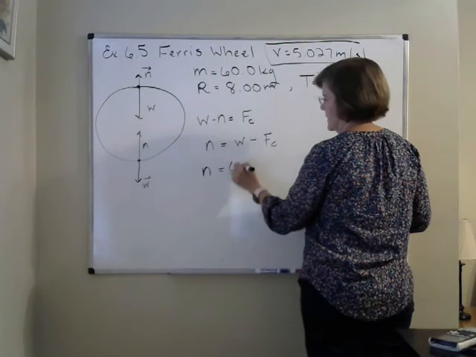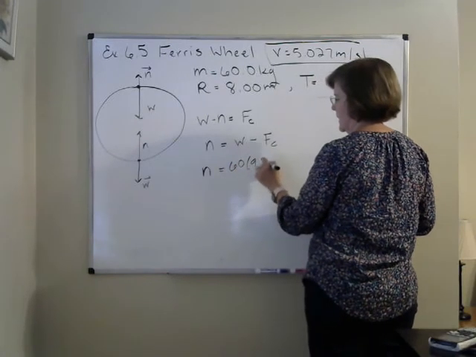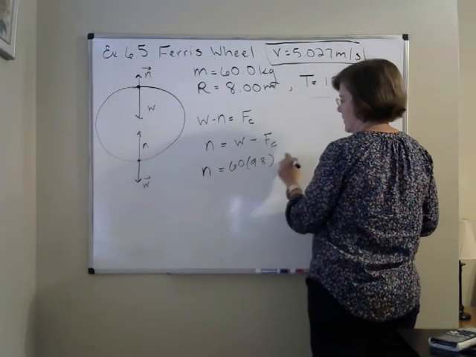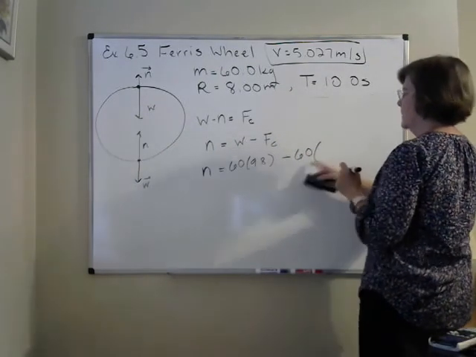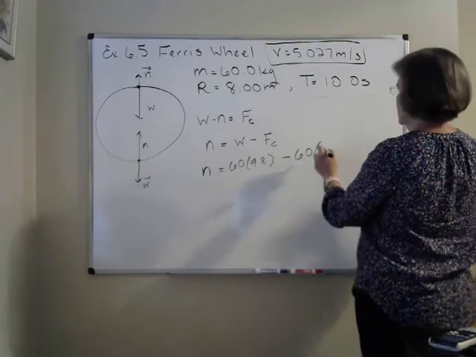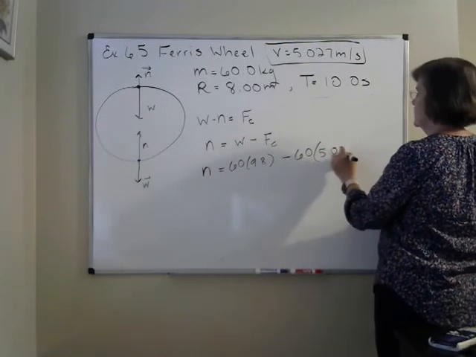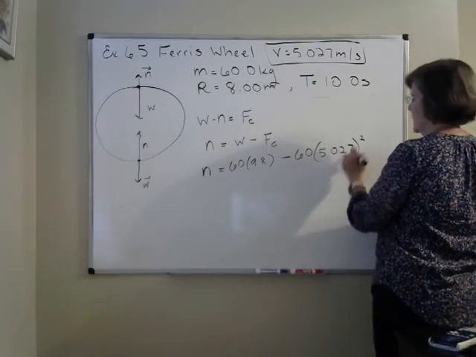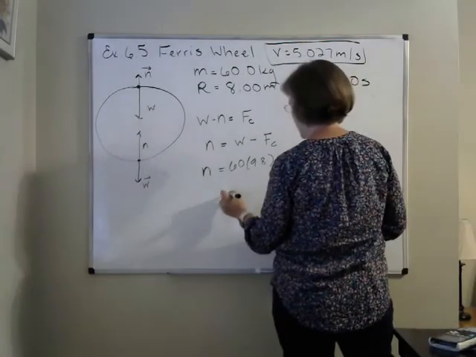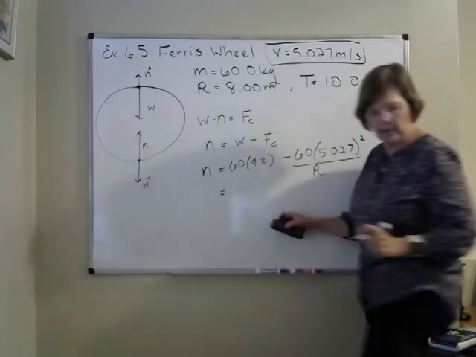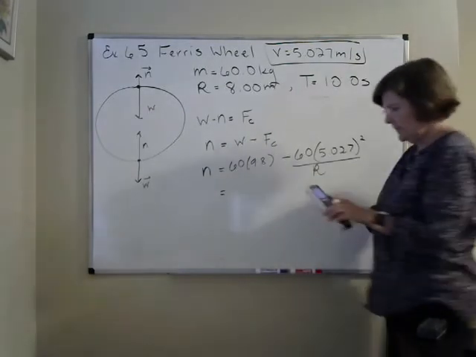So 60 times 9.8 minus mv squared over r. V is 5.027 squared over r. This was 588, I think. Yep.